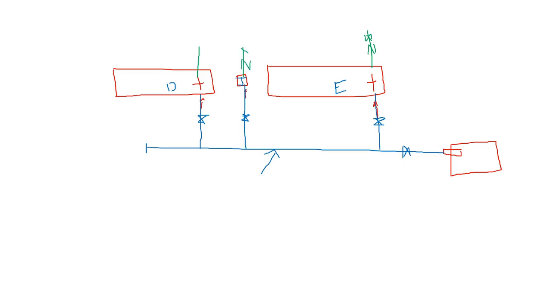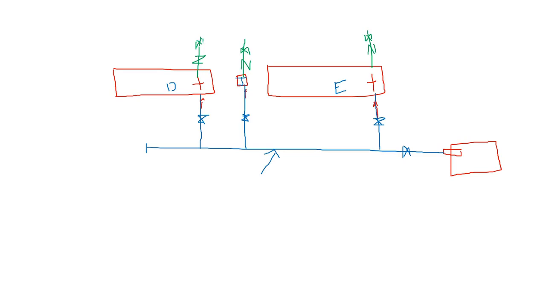Maybe the symbol is not accurate for the check valve, however just for identification purposes I'm putting this symbol. Basically this is the symbol for a check valve, I believe, and this will be the gate valve installed on the discharge side of the fire pump.